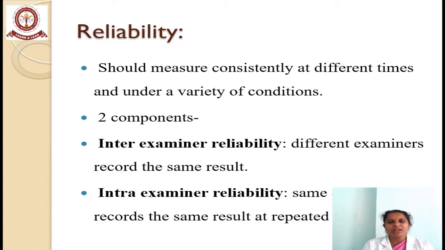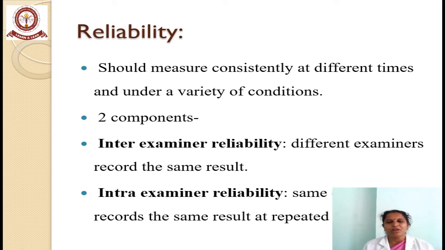Reliability is that the index should measure consistently at different times and at different conditions. Reliability is otherwise called reproducibility. Suppose two examiners are examining the same patient for dental caries, both of them should give the same result.